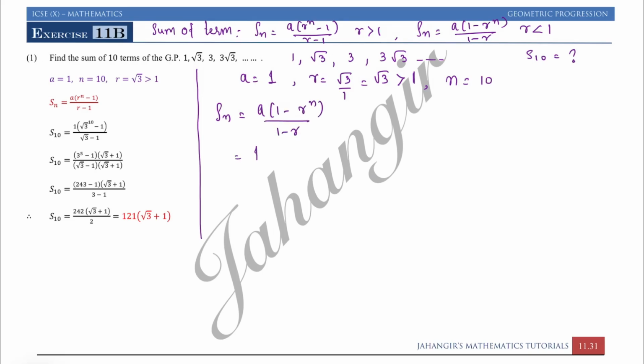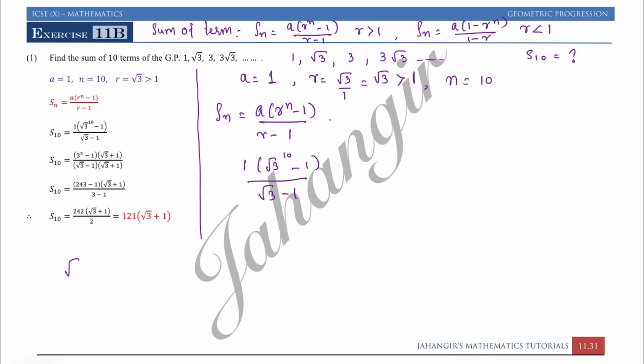So 1 into 1 minus root 3 raised to 10 upon 1 minus root 3. Sorry, I used the wrong formula. Since r is greater than 1, we will use r raised to n minus 1 upon r minus 1. So that is a is 1, root 3 raised to 10 minus 1 upon root 3 minus 1.